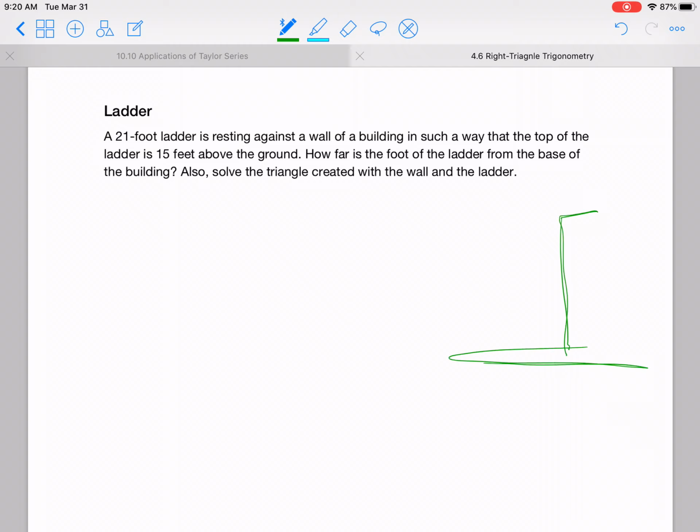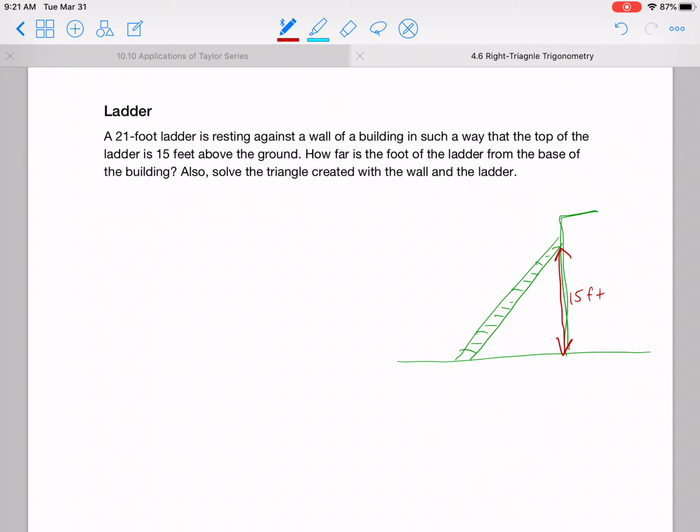Here's the ground, and we've got a ladder resting up against it, and it's telling us that this side over here is 15 feet, and then it asks us how far is the foot of the ladder from the base of the building. It also tells us, oops, forgot this part, it's a 21-foot ladder, so this is 21 feet.